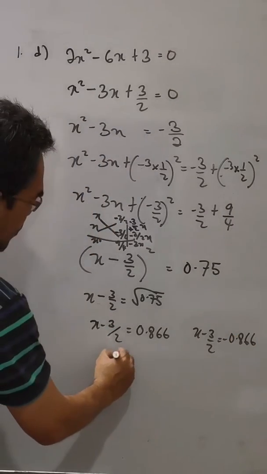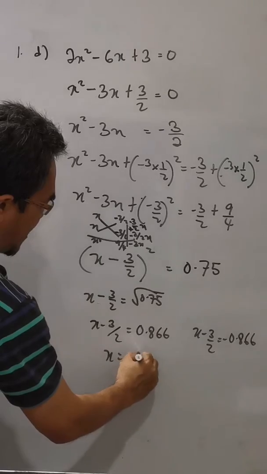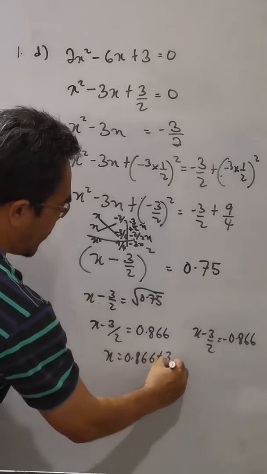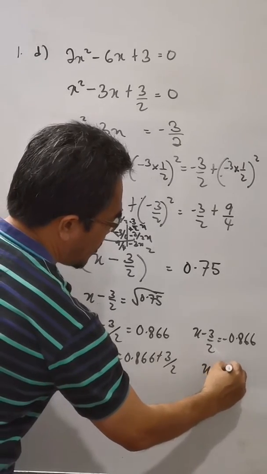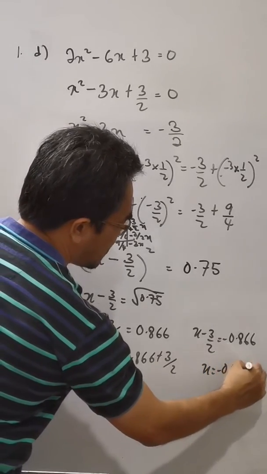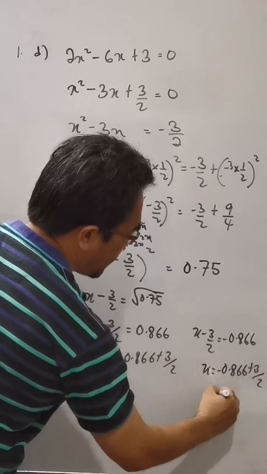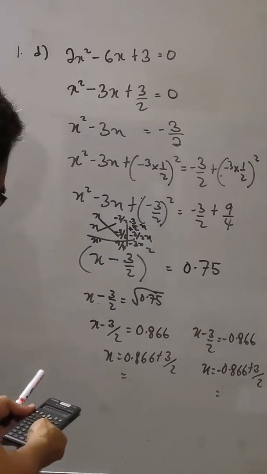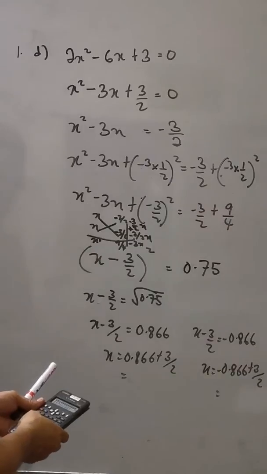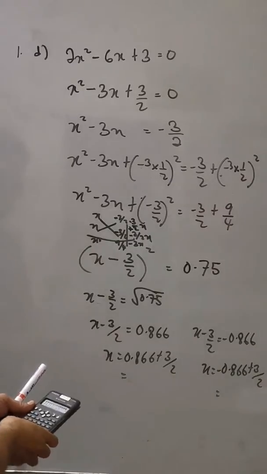So x will be 0.866 plus 3 over 2. This one will be x equals negative 0.866 plus 3 over 2. So the answer will be 0.866 plus 1.5.